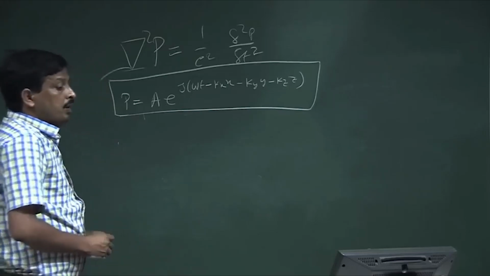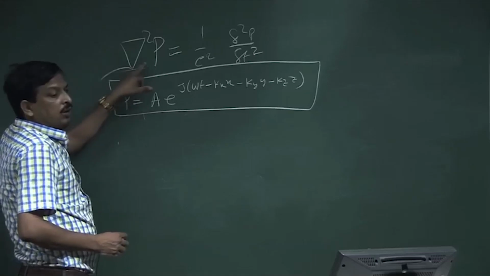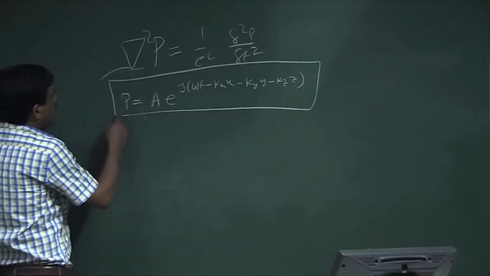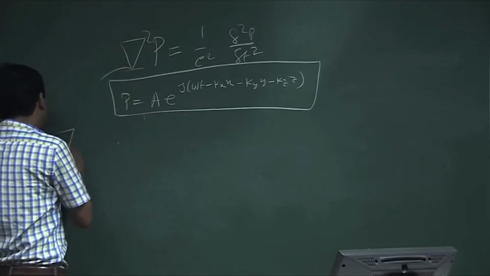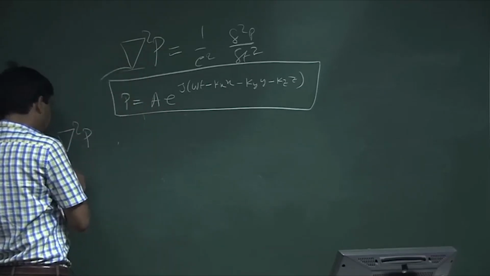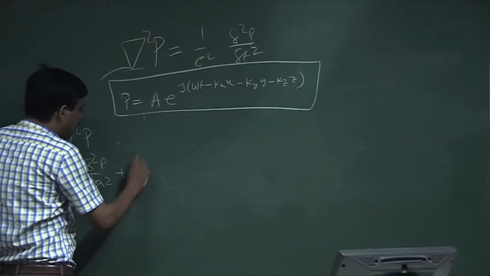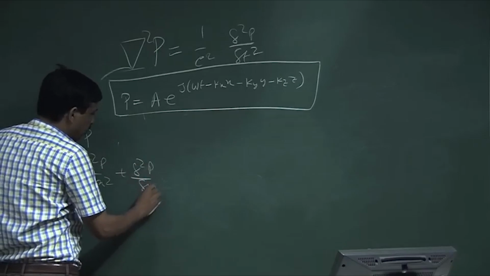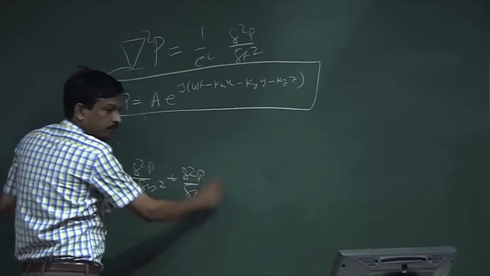Now if I put this solution in this equation, what will I get? What do you mean by del square p? It is nothing but d2p by dx square plus d2p by dy square plus d2p by dz square.